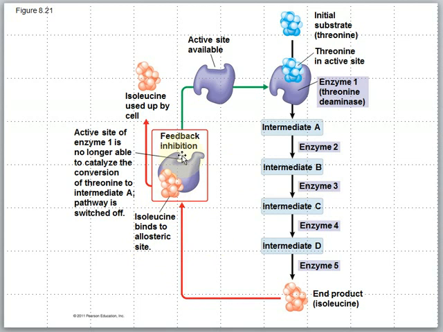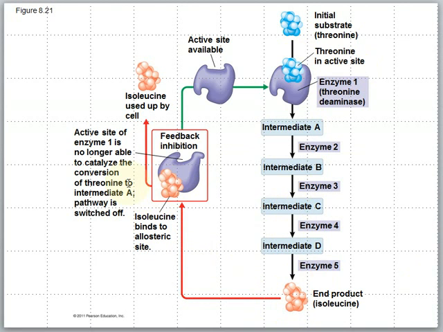And when it does, it causes a change in the active site. Notice how the shape is changed. When that occurs, the substrate can no longer attach, and so it shuts down this whole process. Basically the cell is going to create this product until there's so much of it that it starts to interfere and shuts the whole process down.